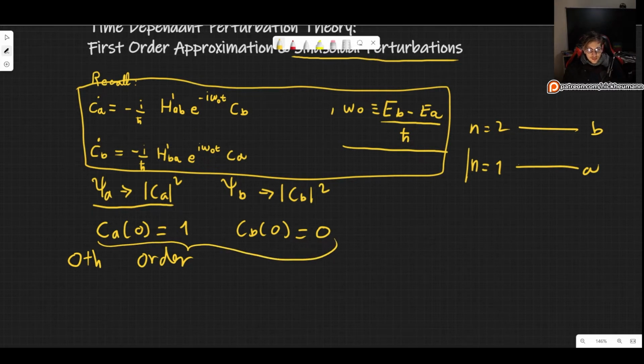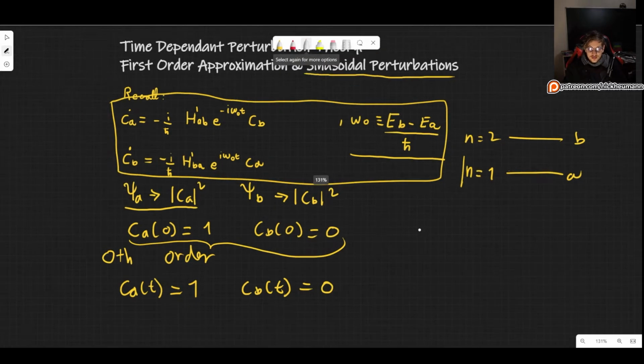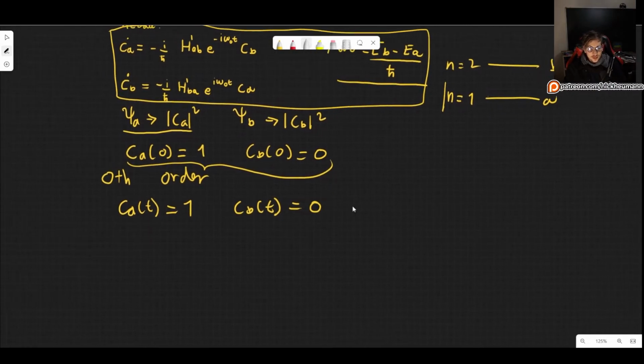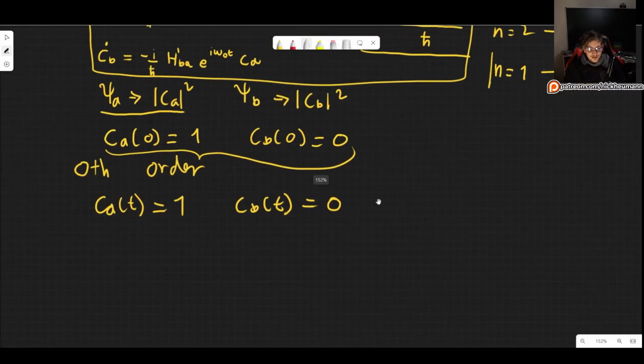To zeroth order, nothing happens because at zeroth order there is no perturbation, so there will be no change in time. So Ca as a function of time will be 1, and Cb as a function of time will be 0. So to zeroth order, there is no change, and that of course makes sense because we are saying there is no perturbation. That is what zeroth order means.